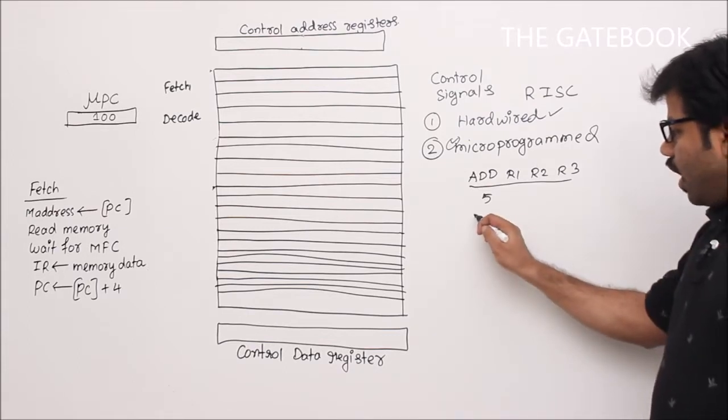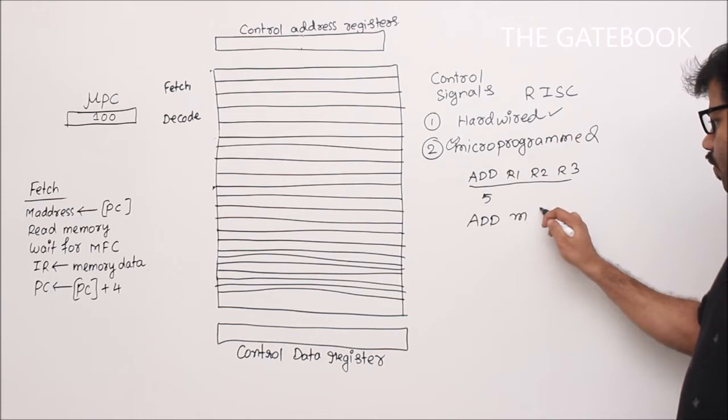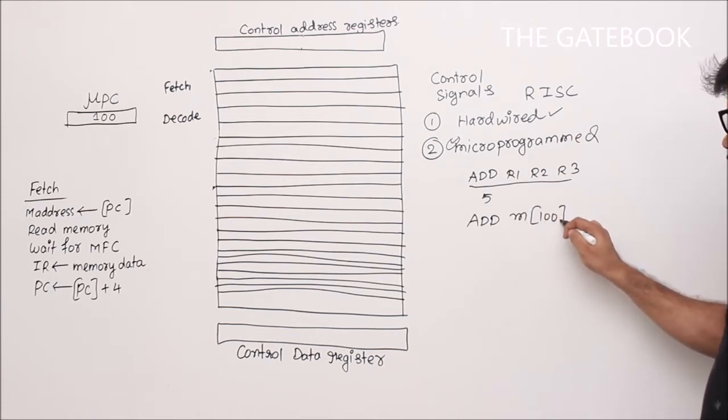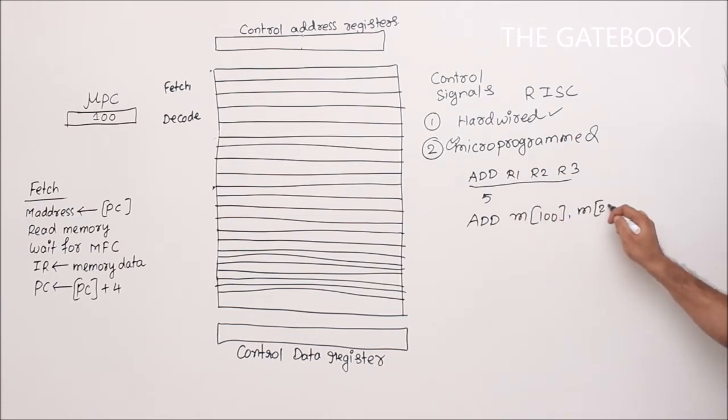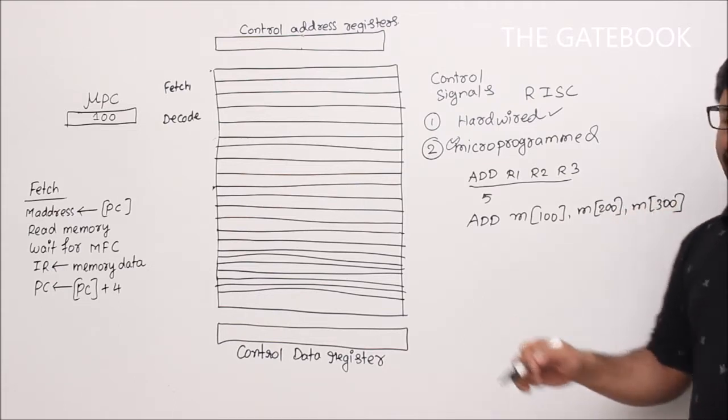But when you have this kind of instruction, add memory of 100, memory of 200, memory of 300, imagine this kind of instruction. What is the meaning of this instruction is easily predicted.